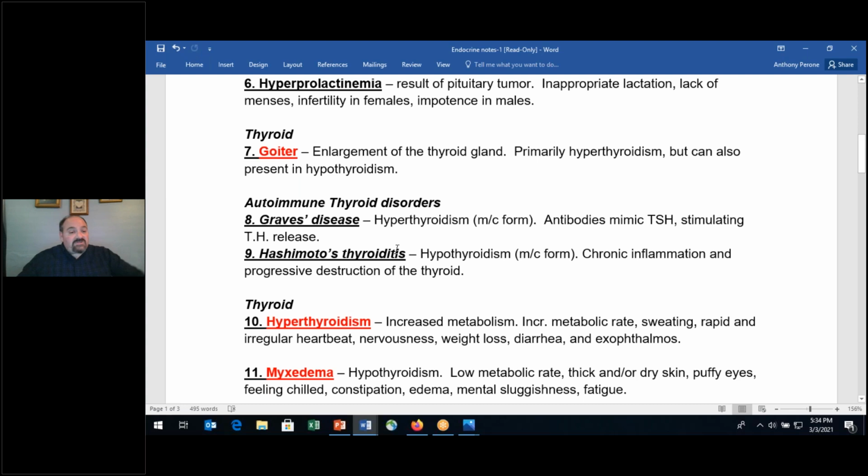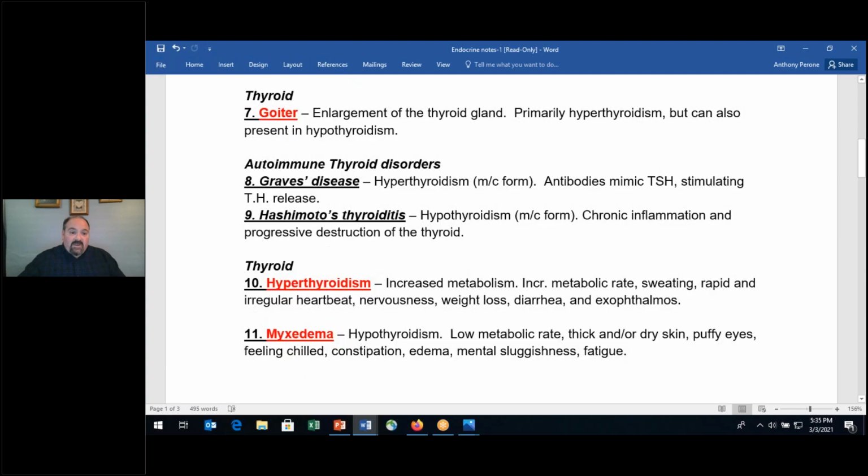Now, I mentioned earlier that with the thyroid hormones, hyperthyroidism, hypothyroidism, we get that if we have too high a level or too low a level. But can it be just a result of genetics and other processes going on, or as a result of an autoimmune disorder?